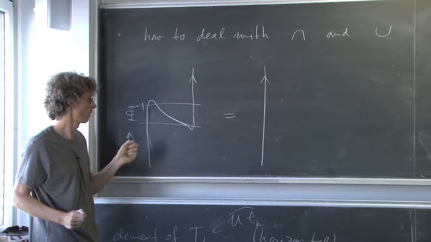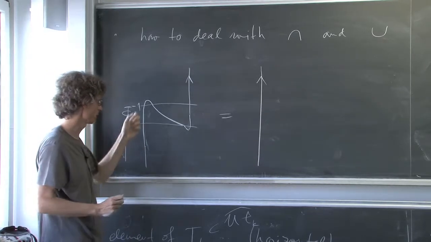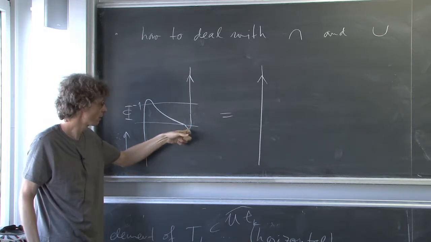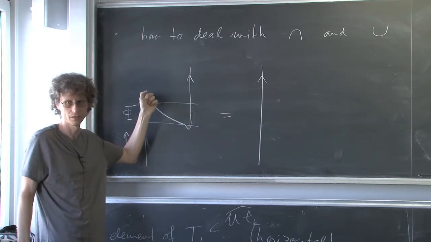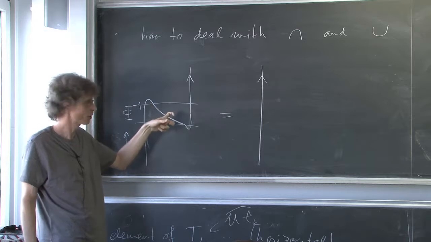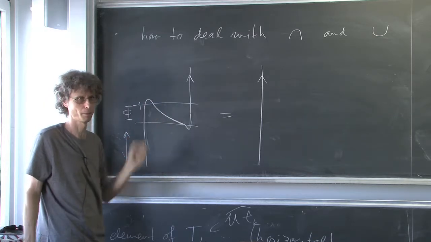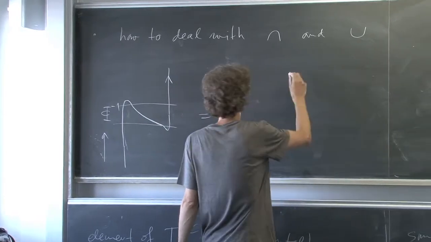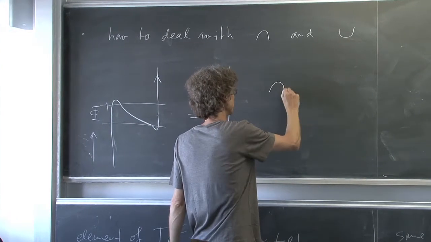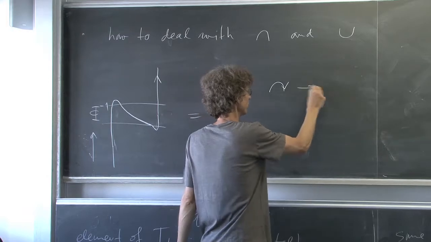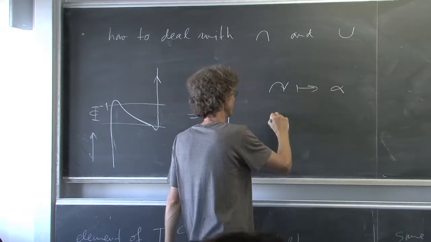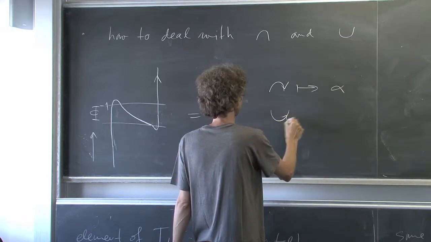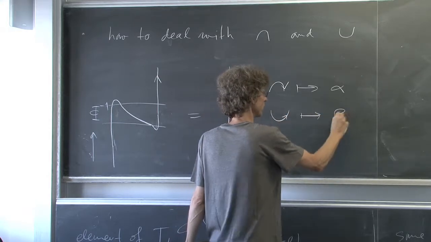So what should happen is that we need to assign something to those cups and caps so that when multiplied with the associator, you get 1. So the idea is that one needs to assign to this some alpha and to that some beta.